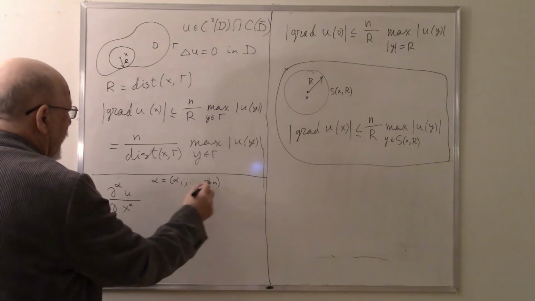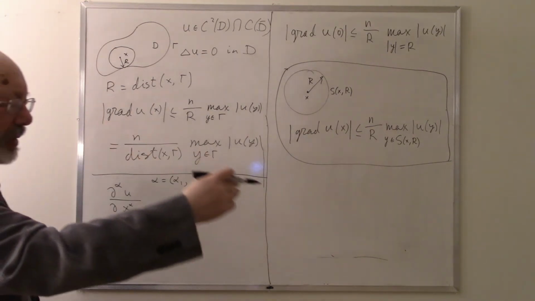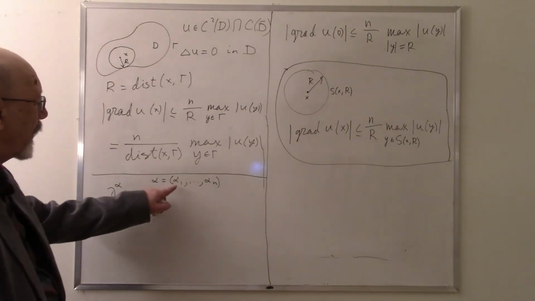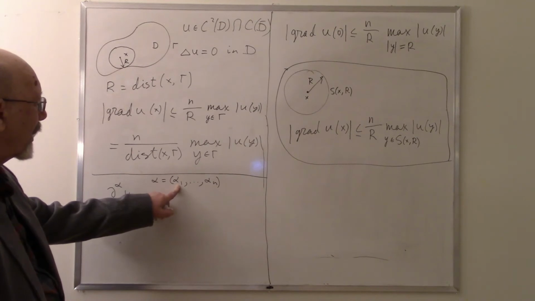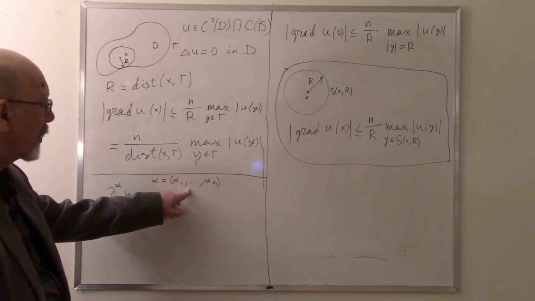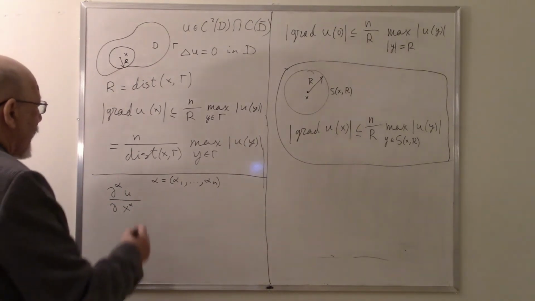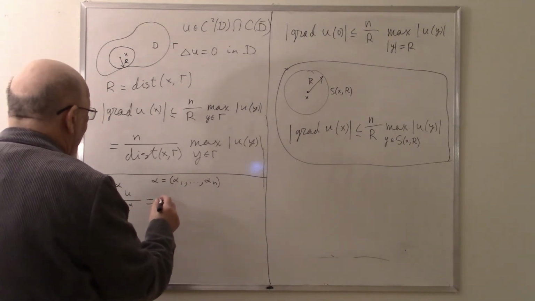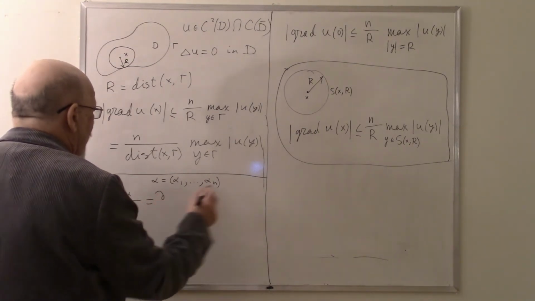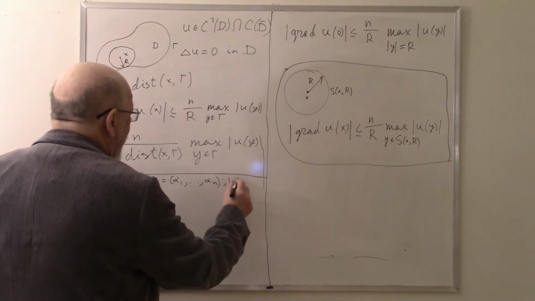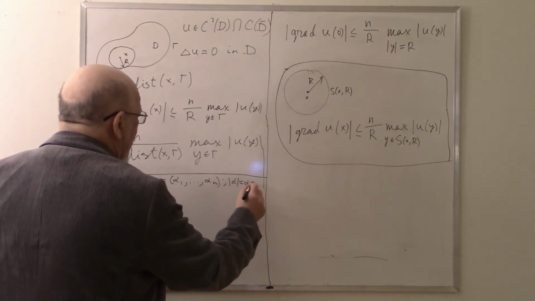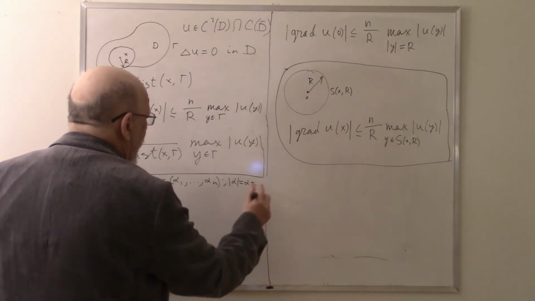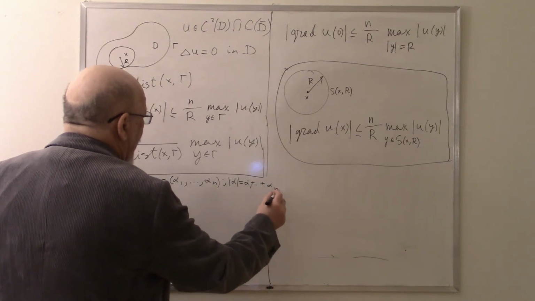This is how we write the partial derivative: alpha 1 times along x1, alpha 2 times along x2, and so on. Modulus alpha equals alpha 1 plus and so on, plus alpha n.